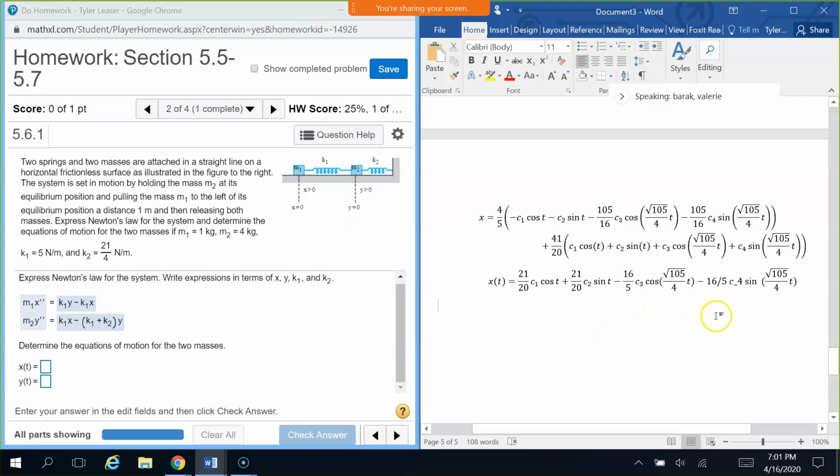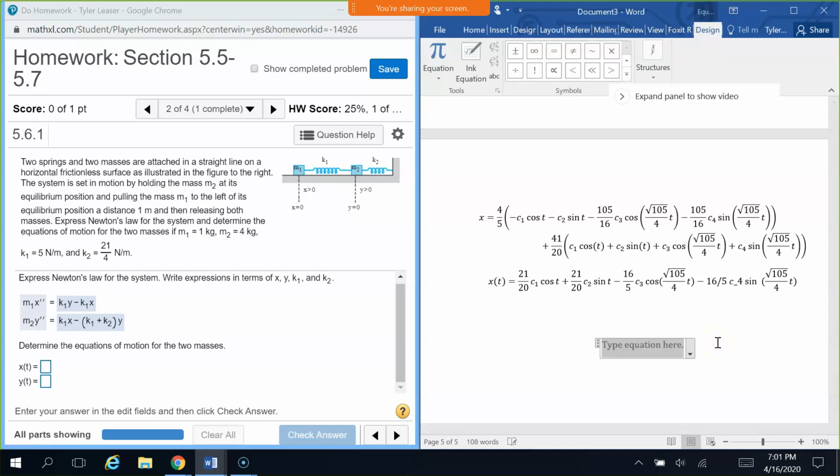Okay, unfortunately we're not done because we have to figure out what the constants are based on the initial conditions. So remember that we had two sets of initial conditions. We had the starting location of x, which was the first mass. So reading back through the paragraph, it says that the first mass was just held in place. Right?